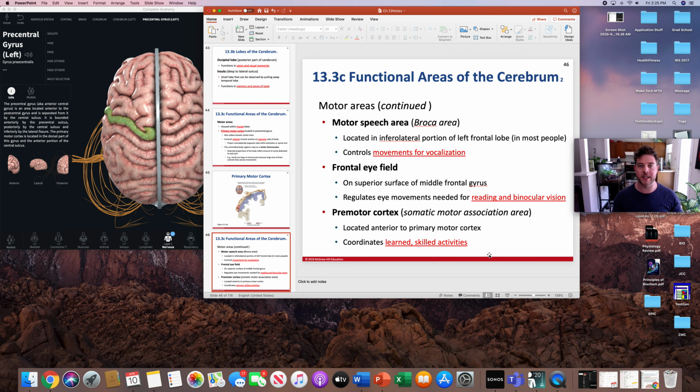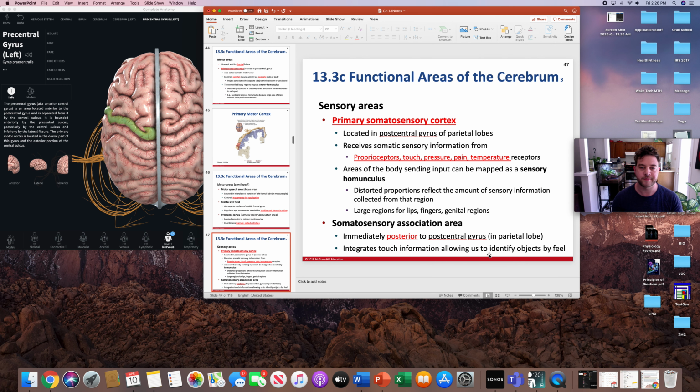A lot of us know how to ride bikes. Those kind of learned skilled activities, those get stored in our premotor cortex. So while our primary motor cortex will be the one that sends signals to move our legs and to hold our arms and to move our head the right way, it's the premotor cortex that's going to allow us to feel comfortable doing that. That's going to kind of put us into the rhythm of, no, your body knows how to do this. That muscle memory is stored in the premotor cortex.